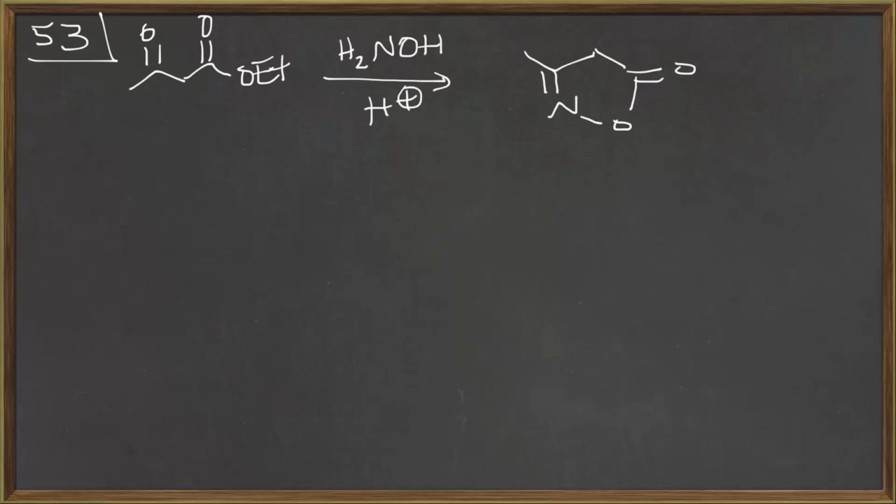I'm going to look at the whole big picture. I'm going to see that I have an ester here and an ester here. I see that I have a more electrophilic ketone and a less electrophilic ester.